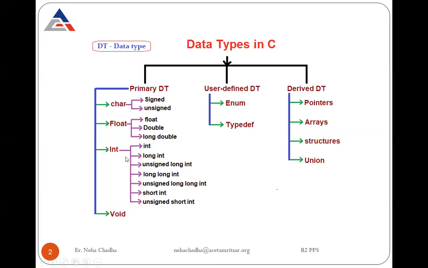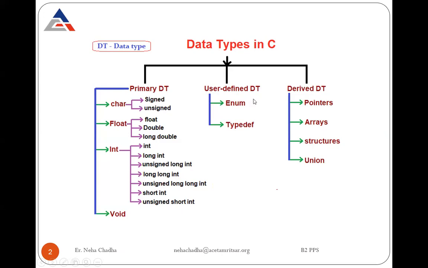Then comes the integer. Integer can be int, long int, unsigned long int, short int, unsigned short int. Again, it will depend upon your requirement which type of integer you want to use.